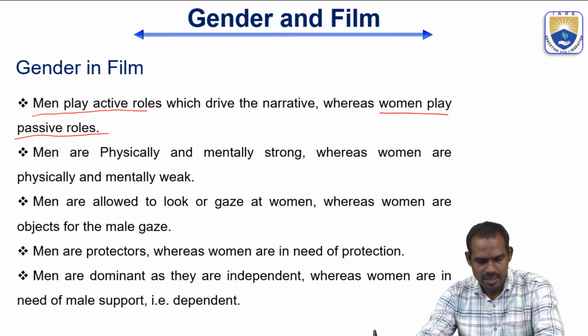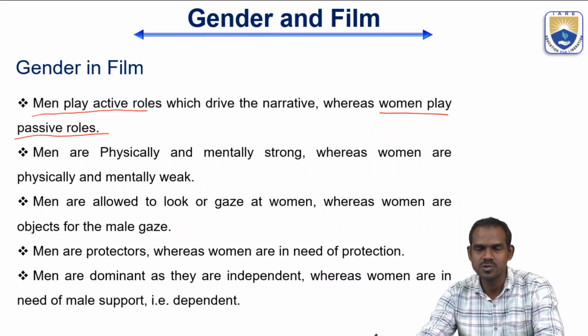Men are allowed to look or gaze at women, whereas women are objects of the male gaze. Men are looking, gazing or staring at women, and women become the objects of the male gaze. That is what is happening in films, right? Men are protectors, whereas women are in need of protection.